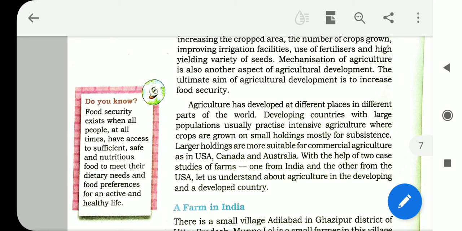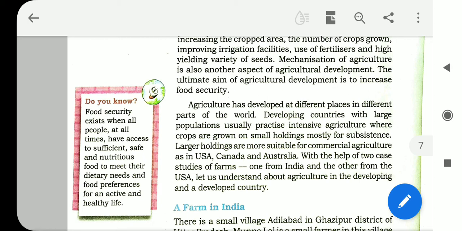Different types of crops are grown even in a small plot of land. But in some areas, they use more labor in a small plot of land. The production is also less and the labor is high. The plot is also small.